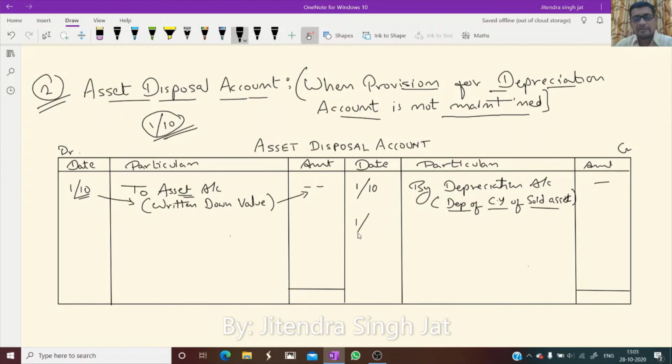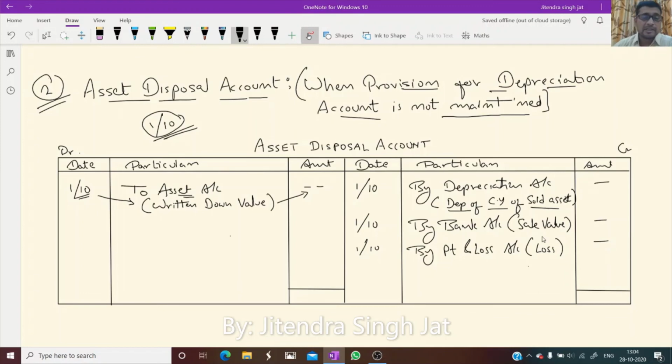Depreciation of current year of the sold asset will be recorded on the credit side. Then everything will be the same on 1st October. We have sold the asset, so its selling price will come: by bank account, sale value. And then if there is a loss on sale of this asset, the loss on sale of asset is recorded on the credit side under the account by profit and loss account.